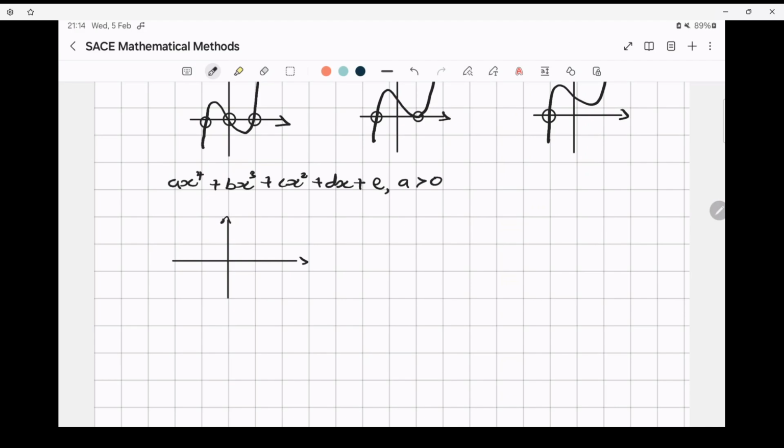But you need to remember that at most you can intercept your x-axis at 4 points. So this is the most general shape for a polynomial function of degree 4, whereby at most you intersect at 4 points.